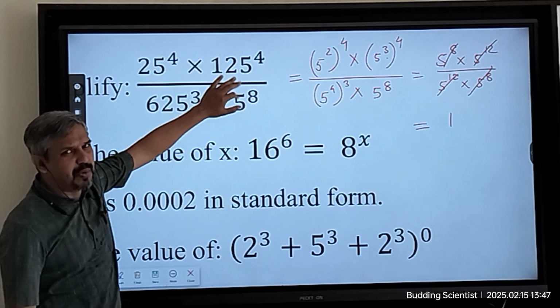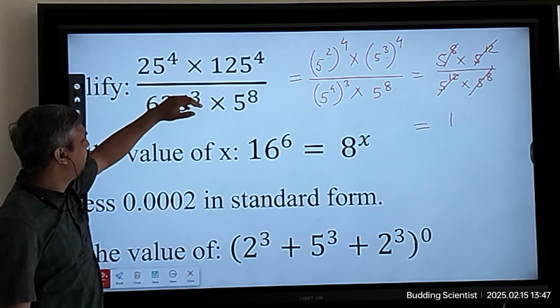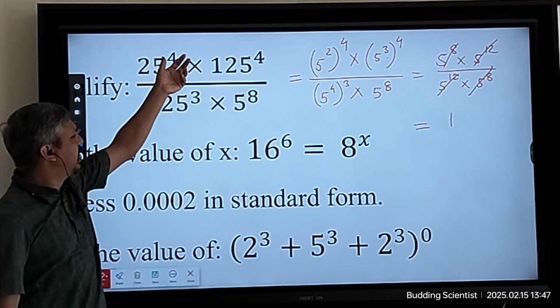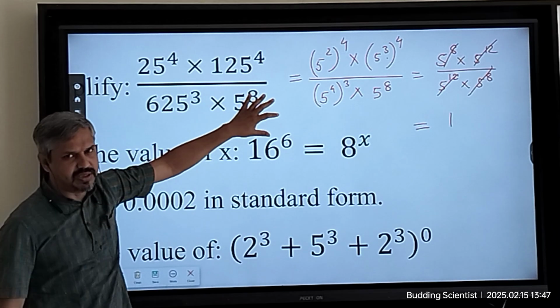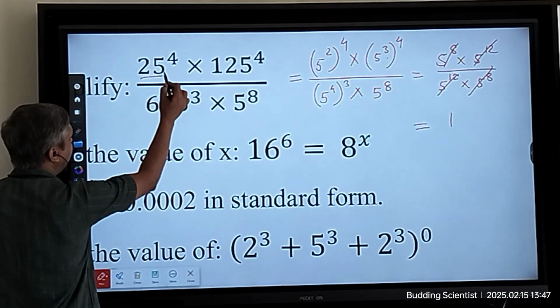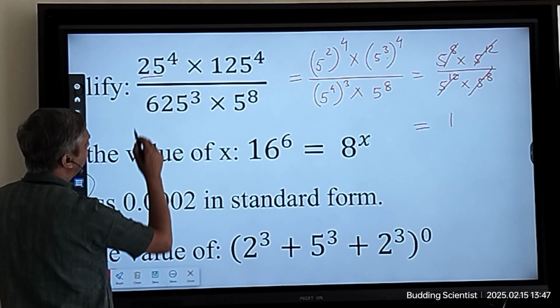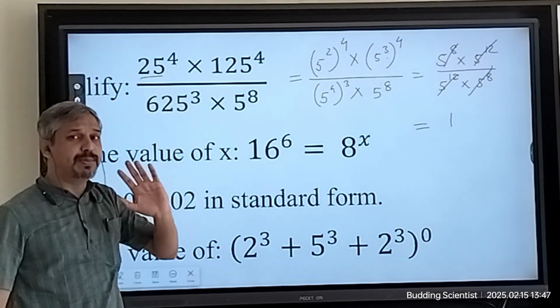This is one of the likely questions where, whatever be the numbers given with their powers, you have to first convert them into an appropriate common base. What do I mean by appropriate common base? If the number is 25, it is stupid to attempt to divide this by 2. It is not divisible by 2. It is divisible by 5.